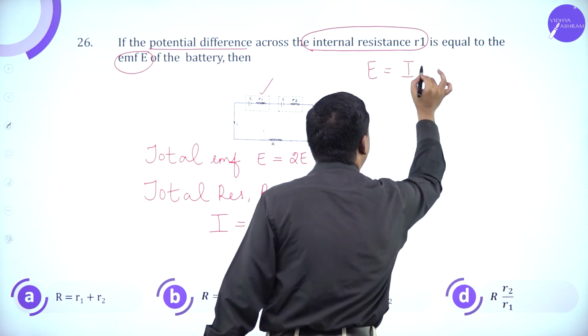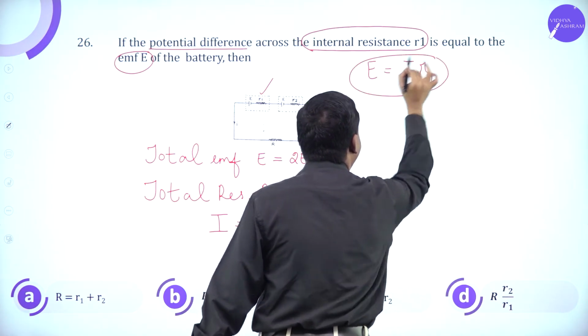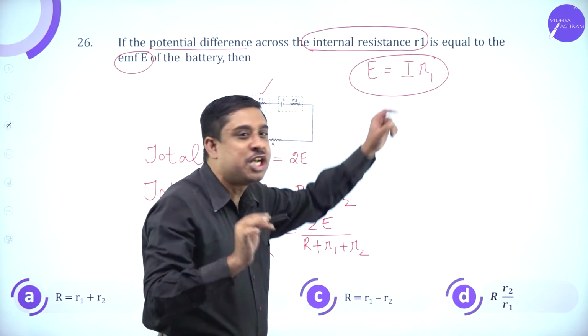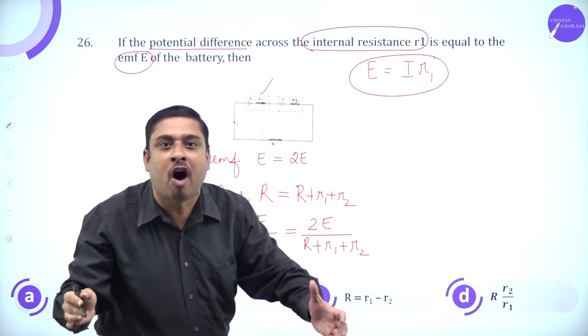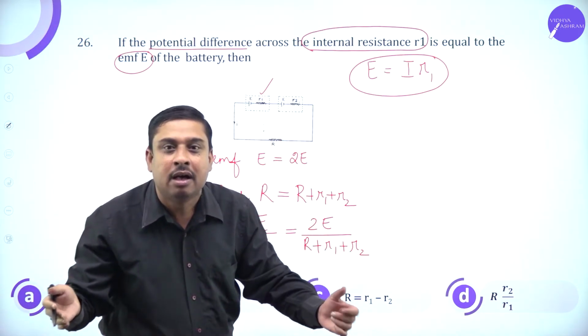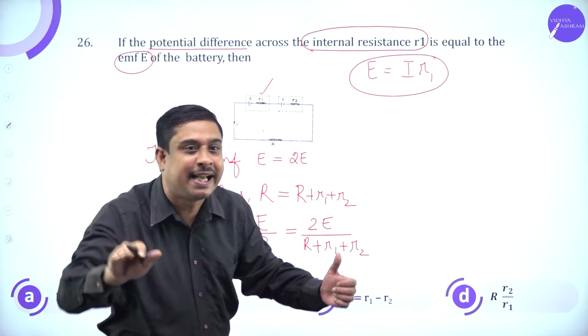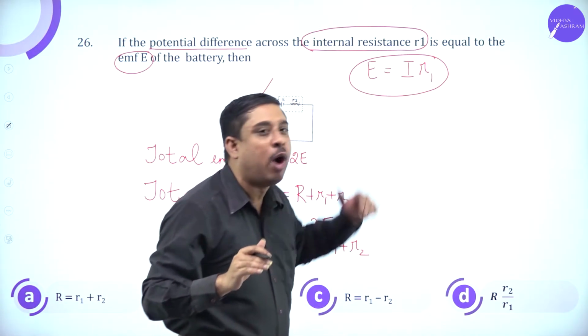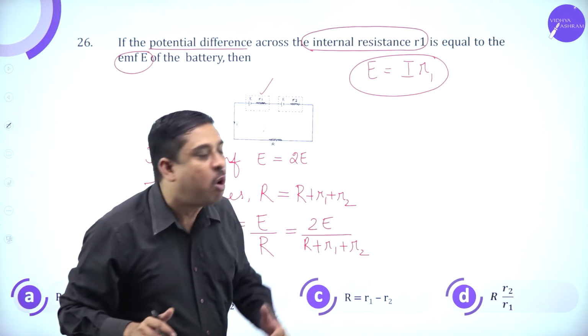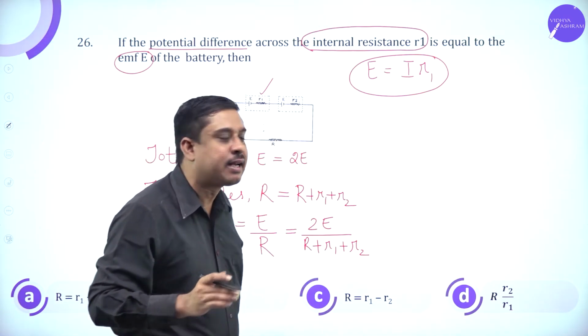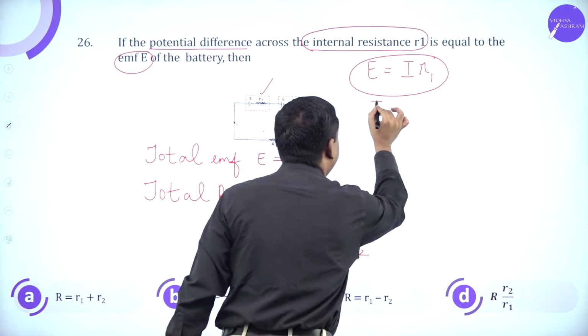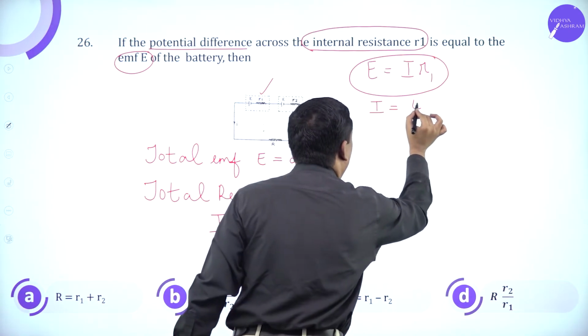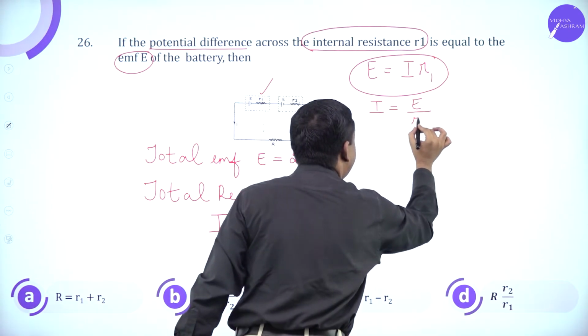So I R1, this is given potential difference, Ohm's law, I into R. They have said across R1. I into R1 is equal to what? EMF of the battery. So I is equal to E divided by R1.